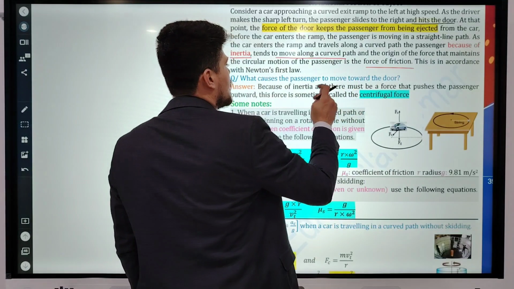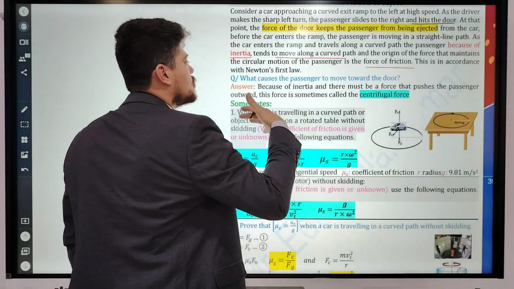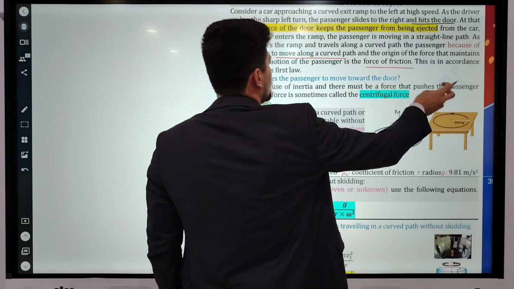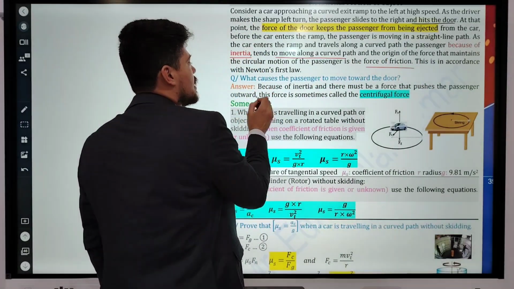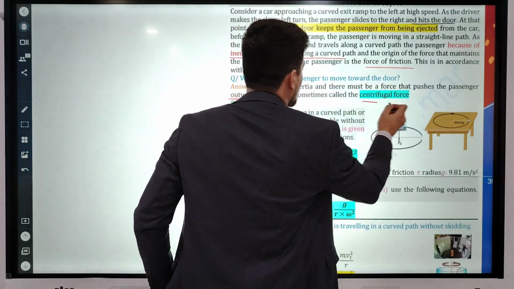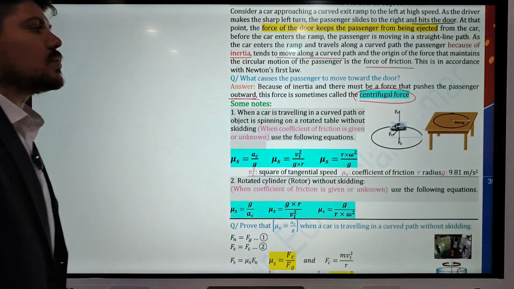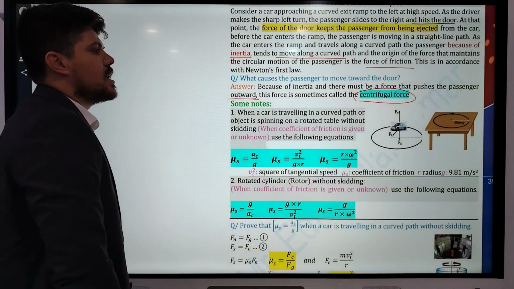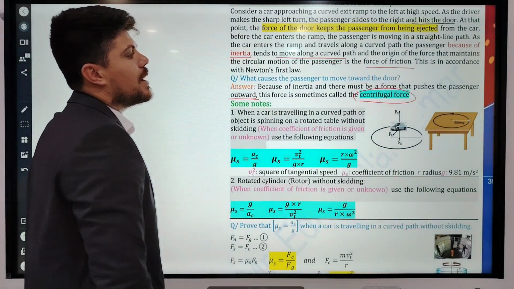Because of inertia, the tendency of an object to move in a straight path, there must be a force that pushes the passenger outward. This force is sometimes called what? The centrifugal force. What is the centrifugal force? It's the force that acts outward from the circular path.